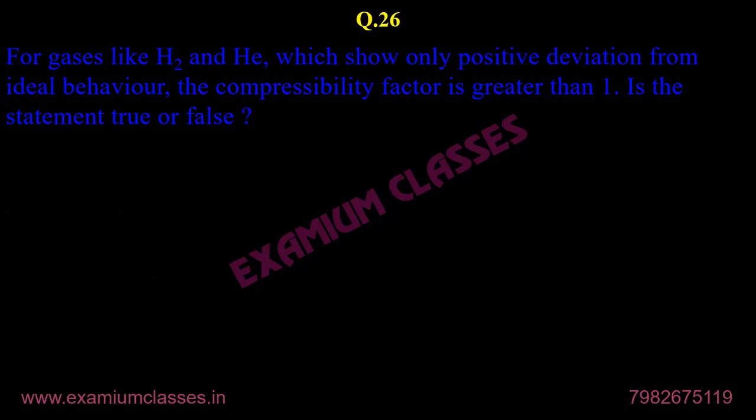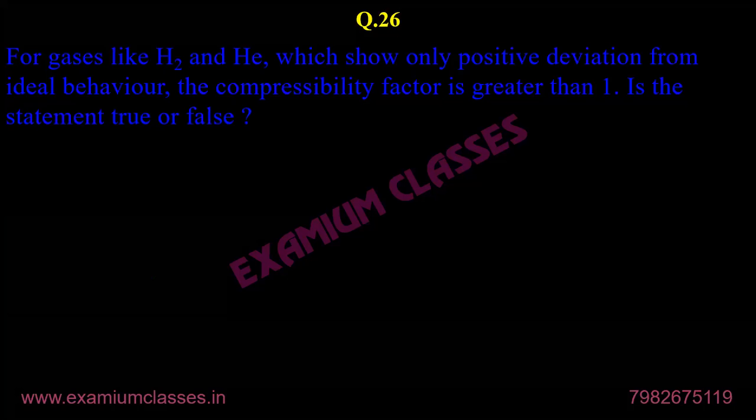Now, last question today. For gases like hydrogen and helium, which show only positive deviation from ideal behavior, the compressibility factor is greater than 1. Is the statement true or false? You need to remember the graph we discussed during theory class.